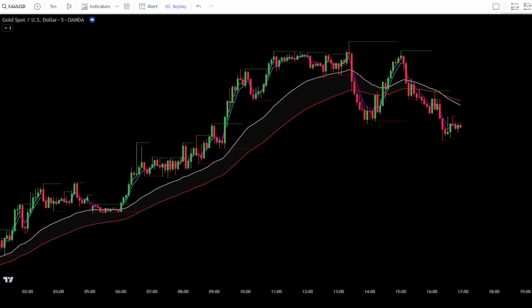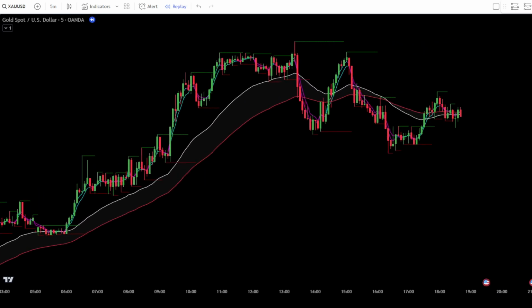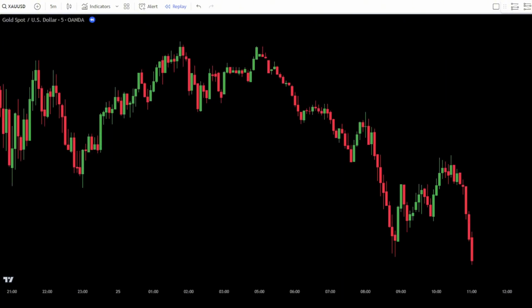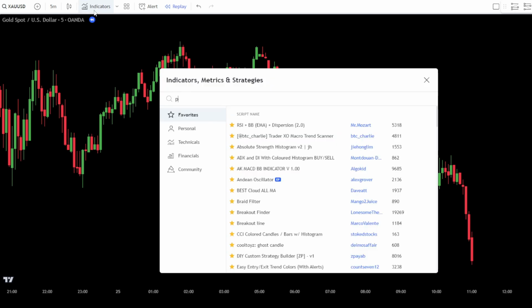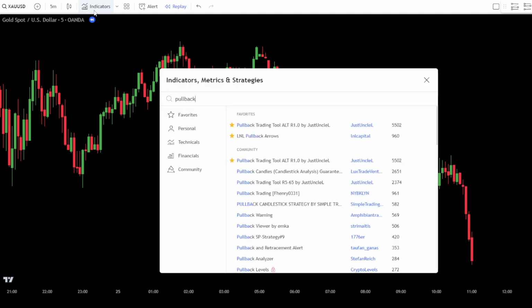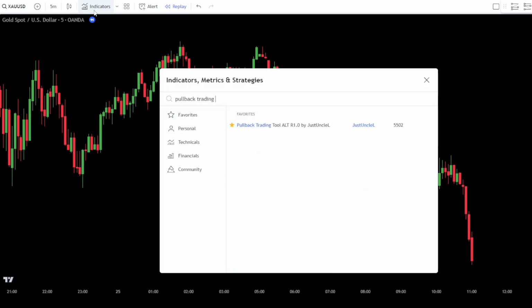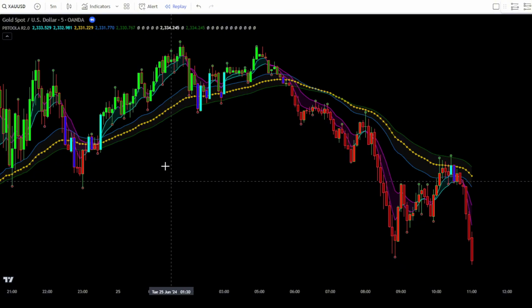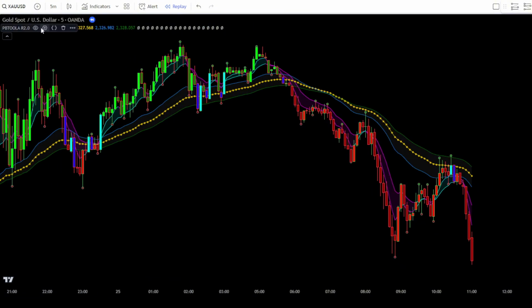Alright, let's get started. To use this pullback trading strategy, you can go to Tradingview. Then, go to the Indicator Search tab and type in Pullback Trading Tool Alt. Next, select the Pullback Trading Tool Alt indicator by just Uncle L. After that, make a few adjustments to this indicator.